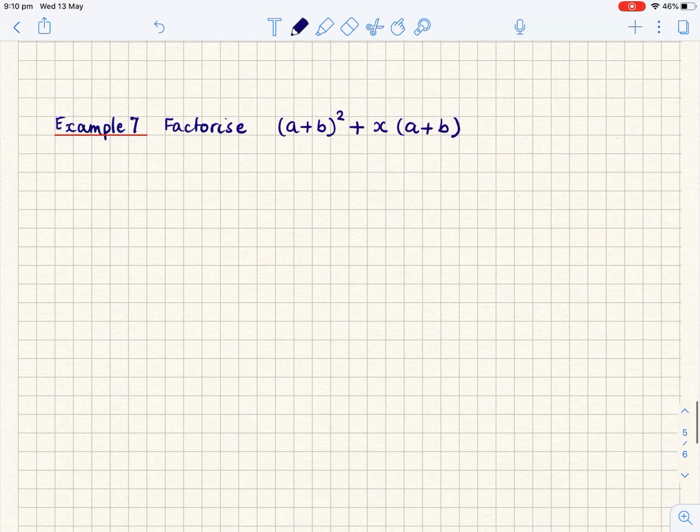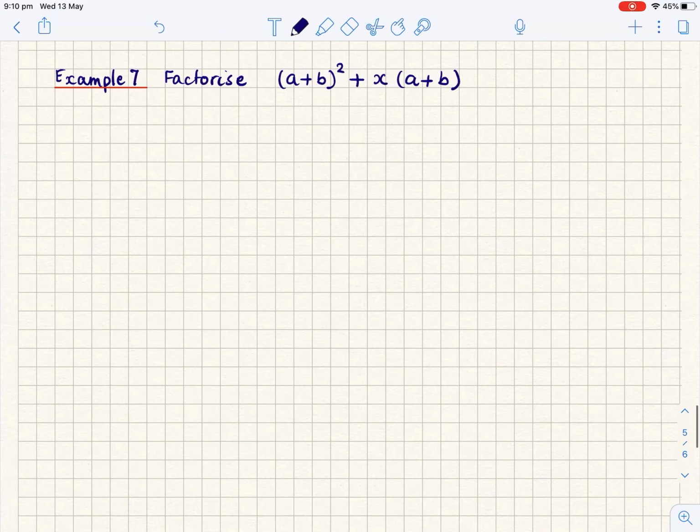Example 7, factorize. Now this is different. There are 2 terms separated by plus sign. Now what's common between these 2 terms? Actually the bracket a plus b, because a plus b squared is a plus b times a plus b.